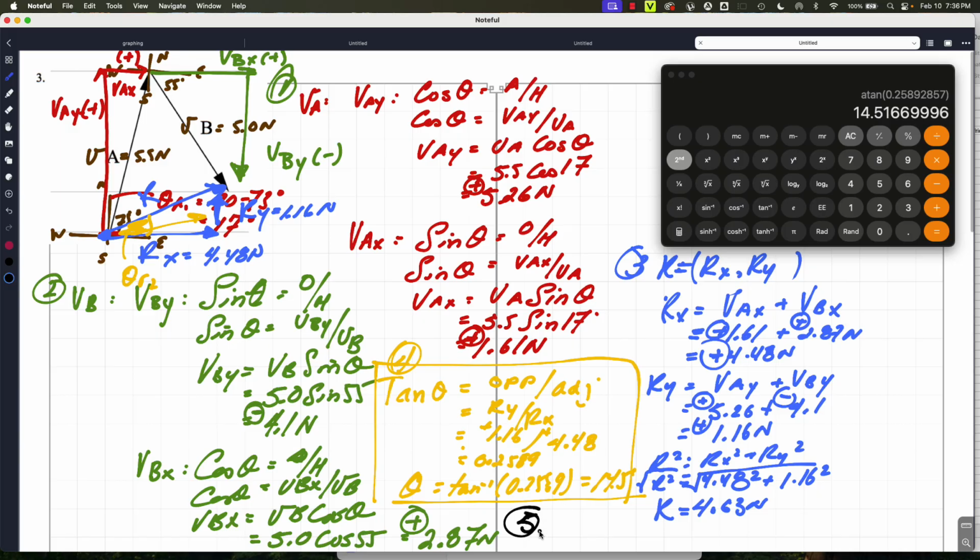Step 5. R value. R equals 4.63 newtons, and it's going to be 14.5 degrees, and you can see it's touching east, but it's moving north away from it, 14.5 degrees. So that's north of east. And there you go, final answer.